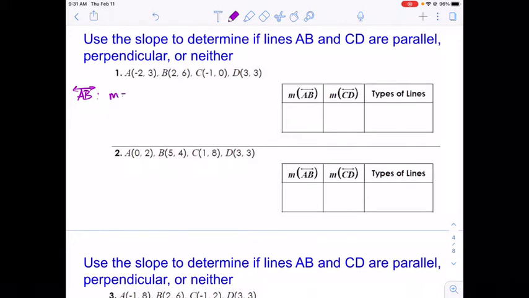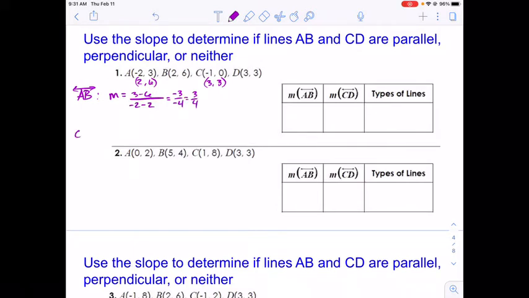So the slope for this one is going to be, you can write it over here, 2 and 6. We could bring this and put 3 and 3. Stack them up here. So 3 minus 6 over -2 minus 2. This becomes -3 over -4, which becomes +3/4.